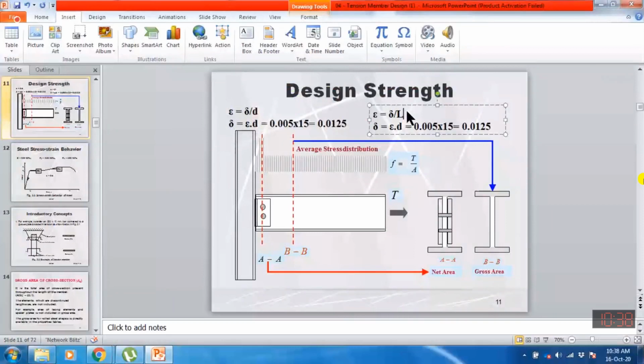By total length, I mean the length of the member from the edge of this hole to the other side, because stresses are uniformly distributed and the gross area is available for most of the length of the member.